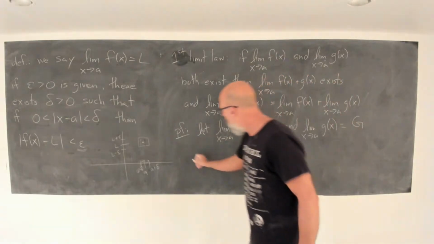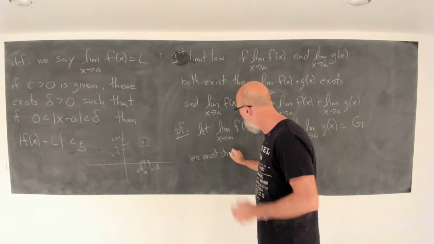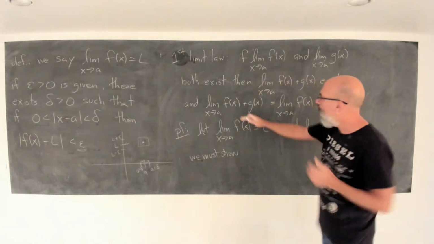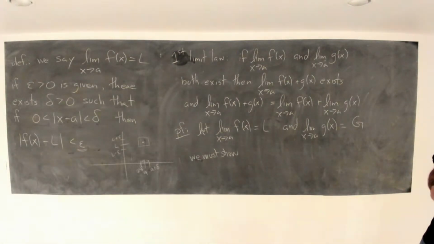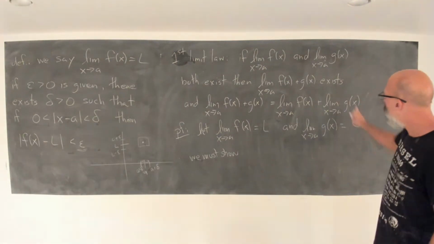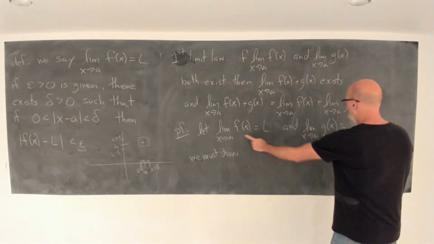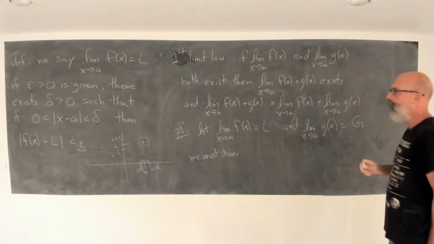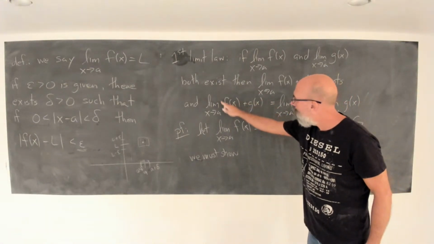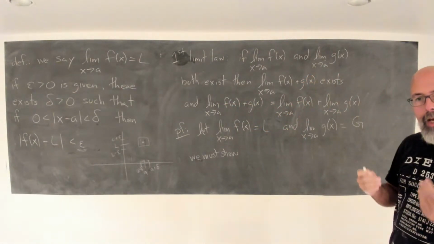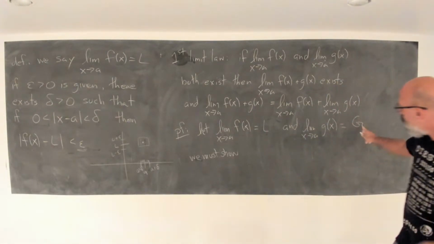We must show that the limit of the sum is the sum of the limits. The sum of the limits is L plus G. So you want to show that this thing can be made arbitrarily close to L plus G.